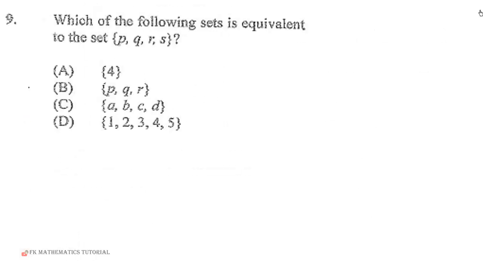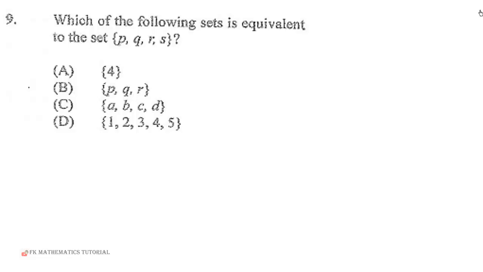Which of the following sets is equivalent to the set P, Q, R, S? The one that is equivalent to it is the set that has 4 elements. So if you look through the sets, only option C also has 4 elements.